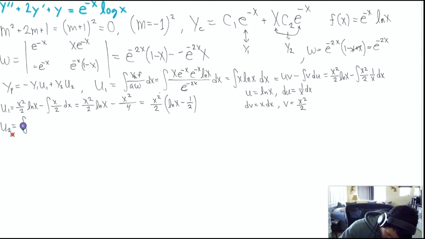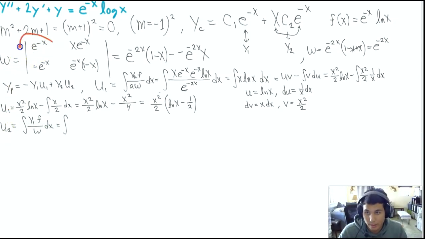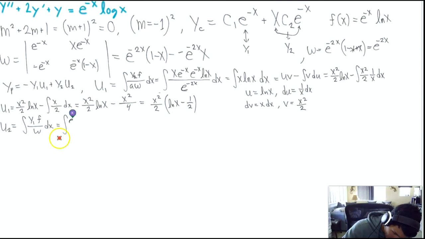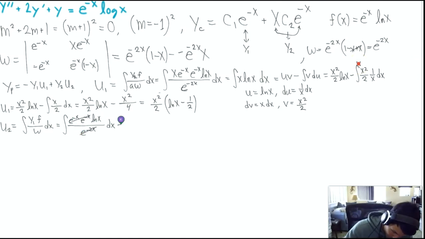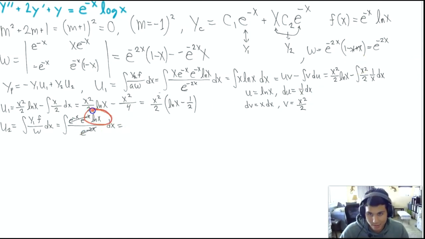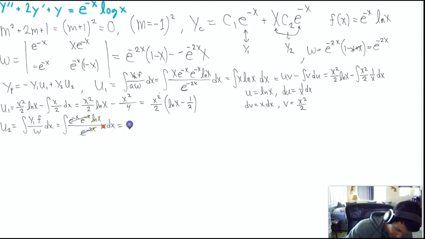u2 is equal to y1 f over the Wronskian dx. What is y1? y1 is this. What is f? f is this. What is w? w is this. These go away. So the integral of just ln of x is x ln x minus x.